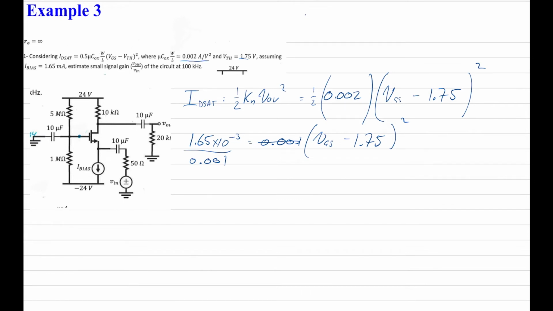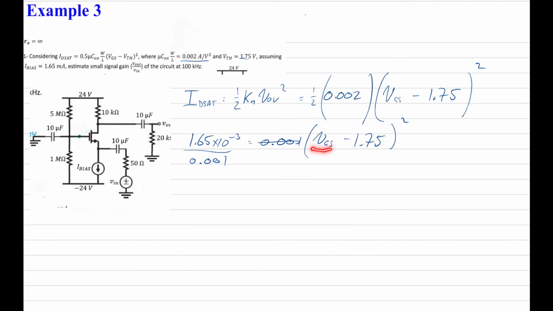Now, what we can't do is simply square root both sides and then say VGS equals this. We can't do that, because we need to find VG over here and VS over here.